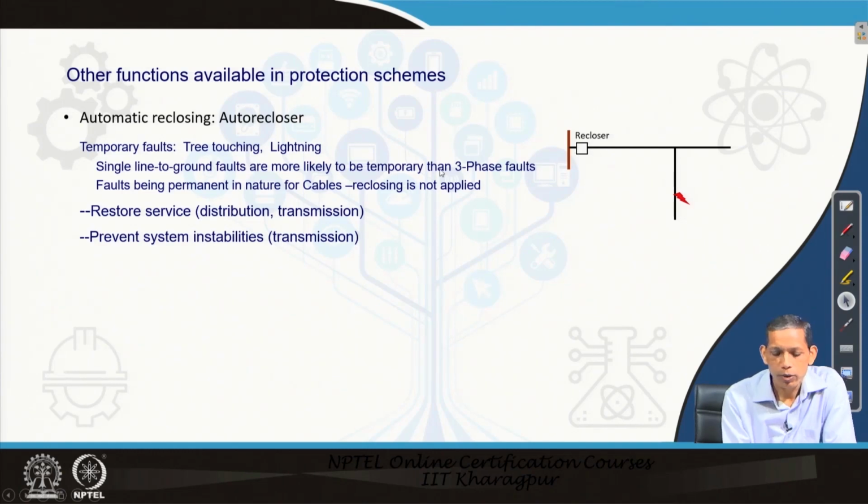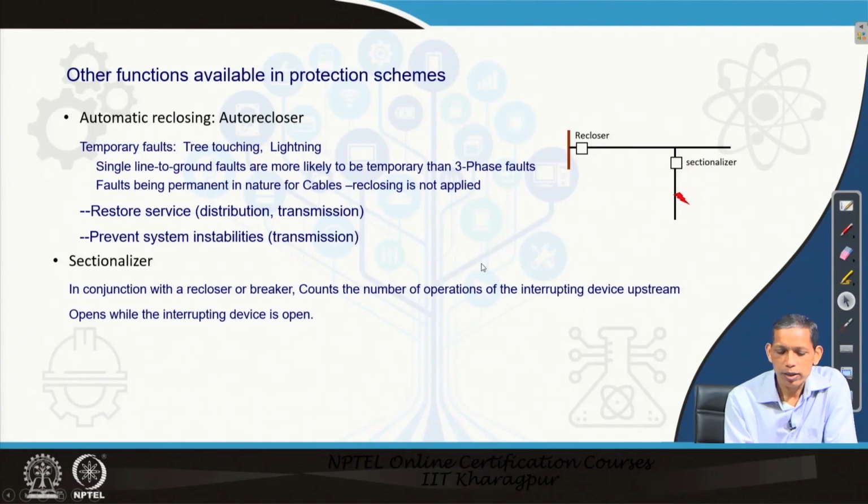But the recloser is purposeful because most transitory faults are single line-to-ground faults, whereas 3-phase faults are mostly permanent. So, the recloser should be able to distinguish these two. Further, cable faults are permanent in nature, so a recloser should not be used in that case.